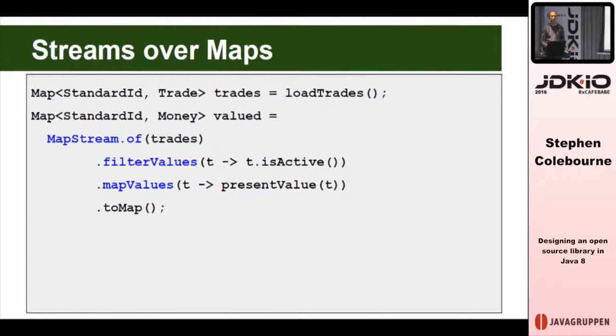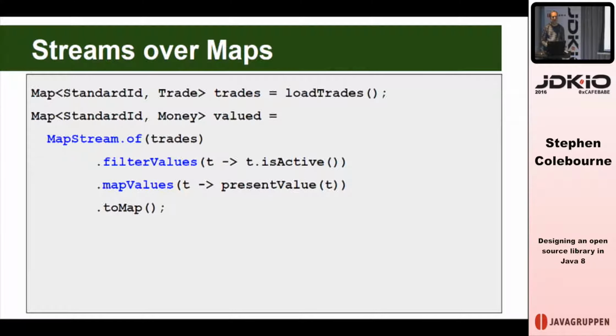So here's our example that I tweaked from before. Instead of a list of trades, I've now got a map of identifier to trade, and I want to output a map of identifier to money. Here I'm using the MapStream from Strata, and instead of using filter, I'm doing filterValues, and instead of just doing map, I'm doing mapValues.